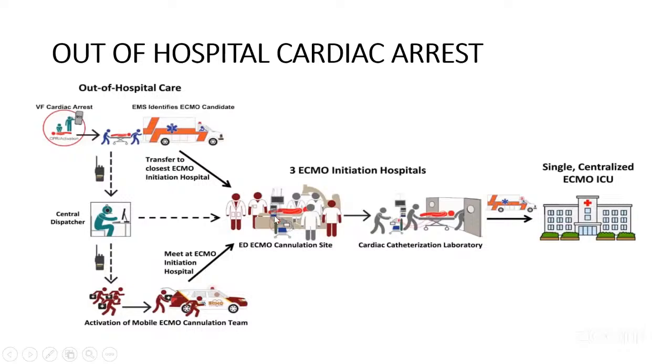In the emergency, the cannulation is done. The perfusion team does the priming of the circuit, the cannulation team does the cannulation, and CPR is continued conventionally. So ECMO CPR can be done. In a few studies they have shown that the outcomes may be a little better, but it has not become a standard of care till now.